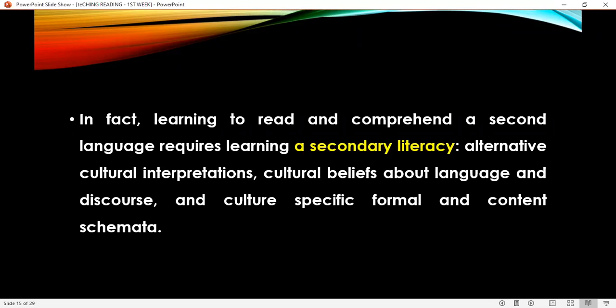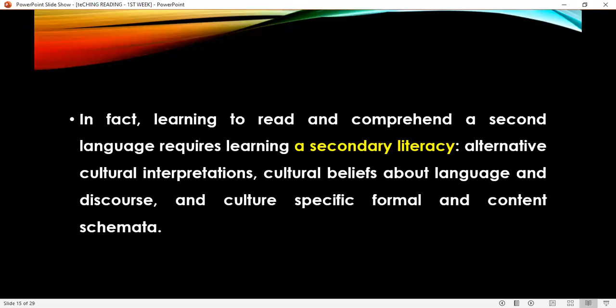Notice that they are going to acquire a new background knowledge and new knowledge of a language. Remember these two aspects: the background knowledge, the schemata, and also new structures of the language.